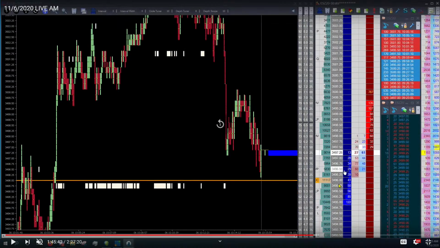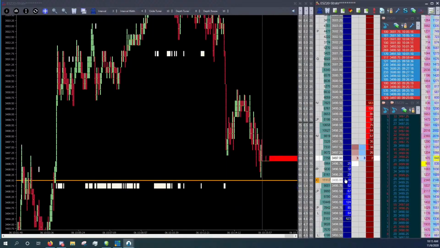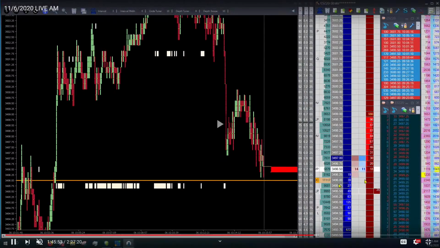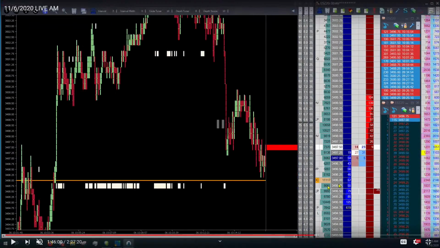So I want to know how many ticks this thing actually went against me. So the entry was good-ish. It went 3 ticks, 4 ticks. It went 4 ticks against me. And I know statistically my trades take about 6 ticks to work.